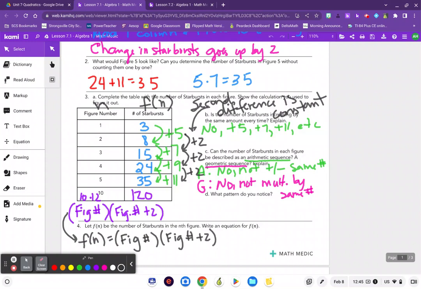I'm writing it in words because I feel like it makes sense to me in words. I'm going to take the figure number, like here is 1, and I'm going to multiply it by 2 more than that. I get 3. The figure number 2, I'm going to multiply it by 2 more than that, 8. But I got to turn this into n's. So f of n is really n, figure number, times n plus 2.